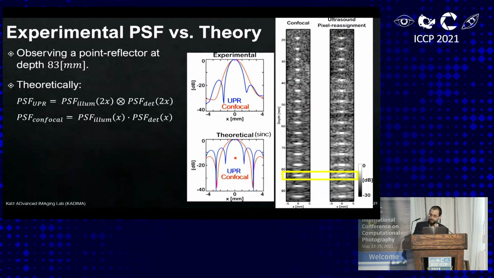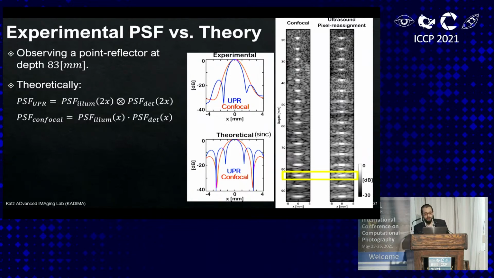And you can see that it is indeed thinner, but with stronger side lobes, and that's an artifact of the convolution. Now, experimentally, if we observe the cross section of these two point reflectors, which is effectively the PSF, you can see indeed a thinner PSF with stronger side lobes.